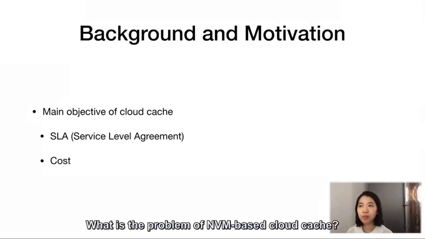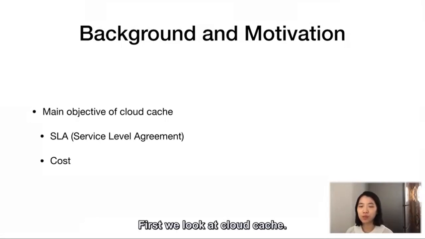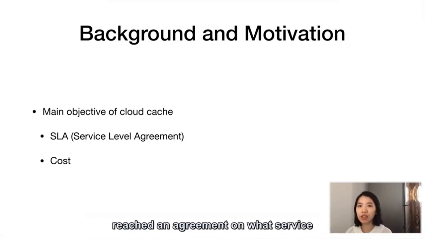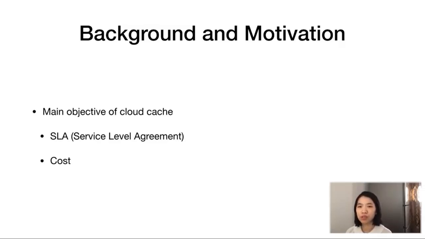What is the problem of NVM-based cloud cache? First, we look at cloud cache. There are two main objectives of cloud cache: SLA, short for Service Level Agreement, and cost. SLA means that the service providers and users have reached an agreement on what service and what service quality the user will be served.